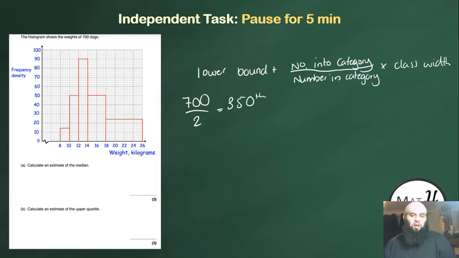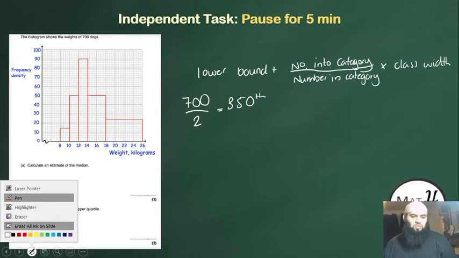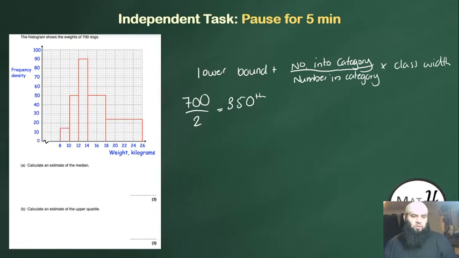The 350th number would be... we have to work out the frequency for every single bar now. So this is 2 times, what is it going up by? Going up by 2, 4, 4, so 14. 2 times 14 gives us 28.